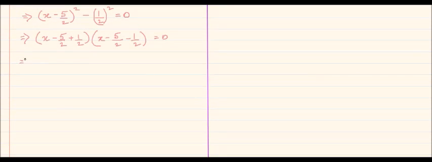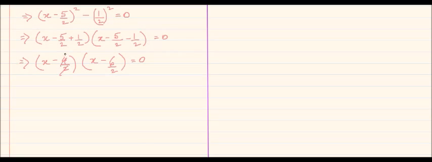And 5/2 is a fraction, also half is a fraction. Both are having the same denominator. So minus 5 when added to plus 1 will be giving us minus 4. So it is x minus 4/2. And this is also minus 5 and minus 1 when added together will be giving us minus 6 by 2 equal to 0.